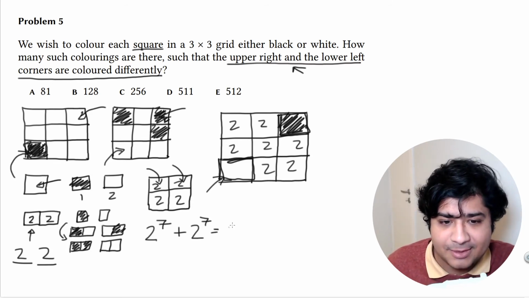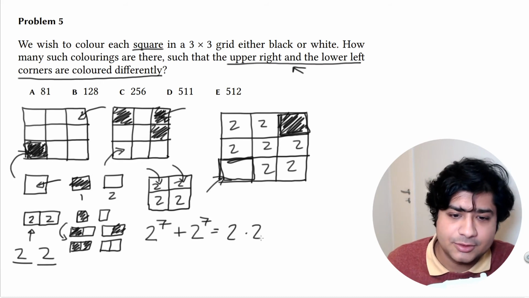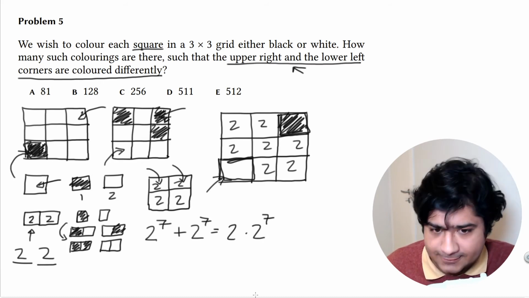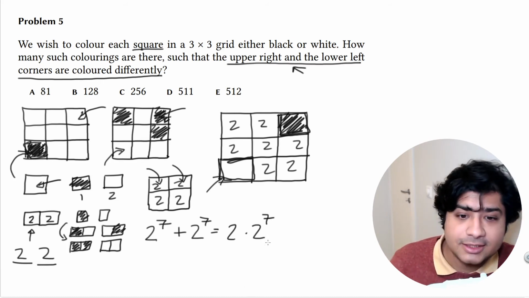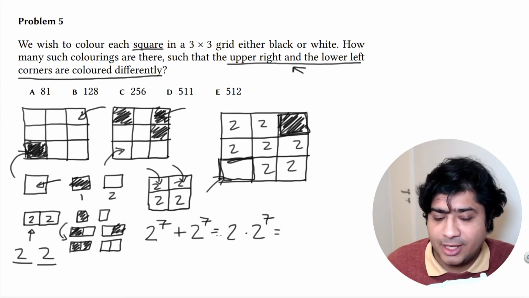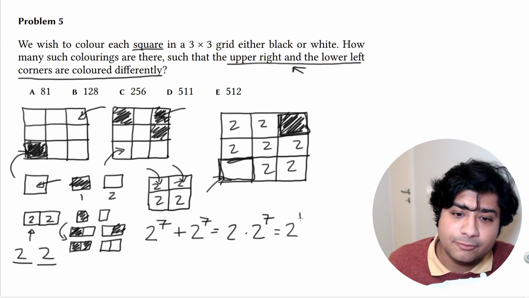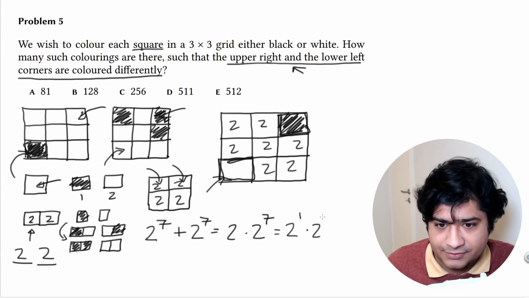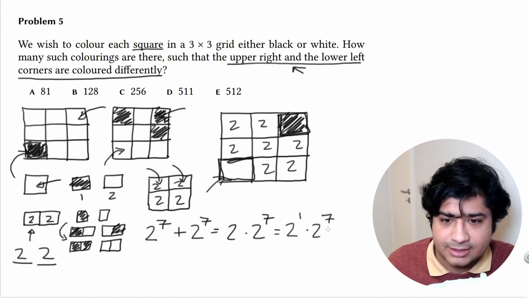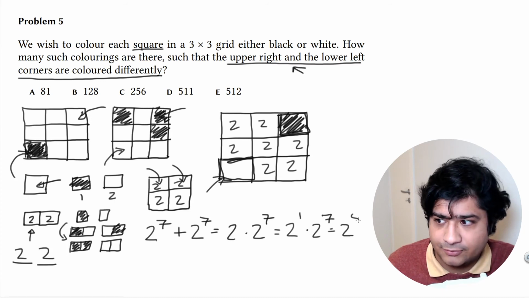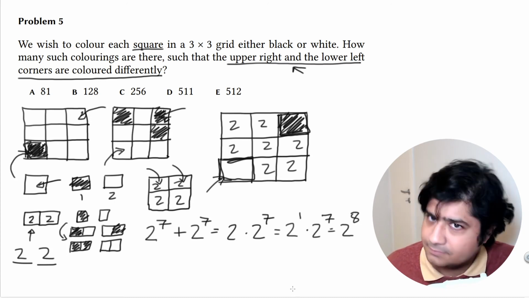Because this is the same as 2 times 2 to the power of 7, which, if you think about it using exponent rules, is the same as 2 to the power of 1 times 2 to the power of 7, which really is just 2 to the power of 8, right?